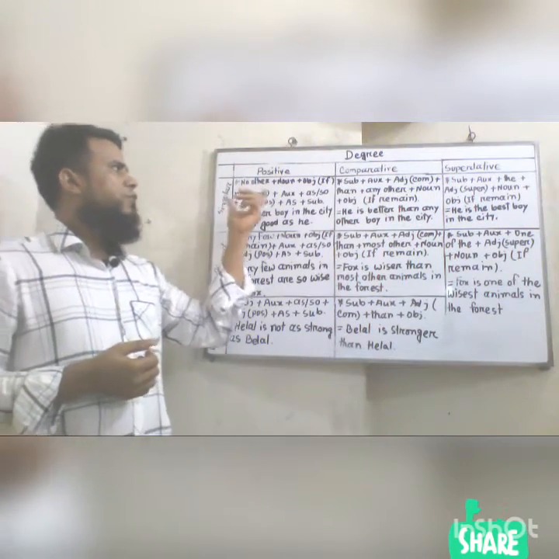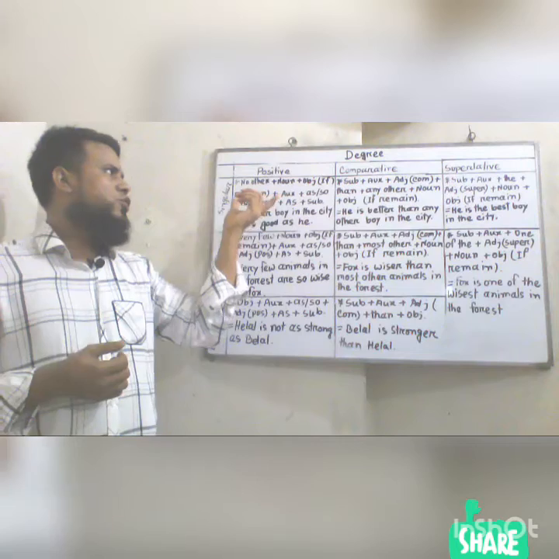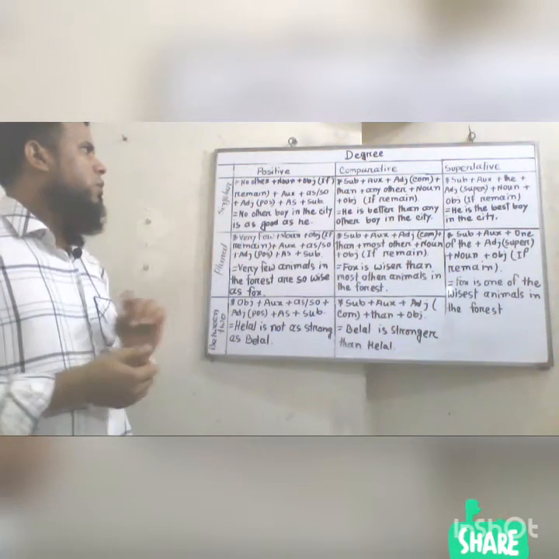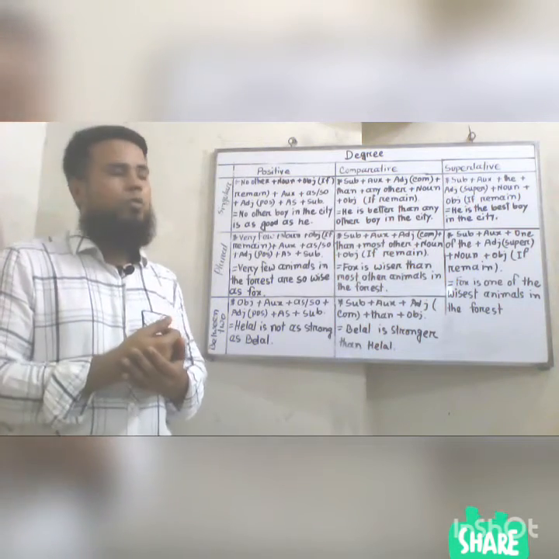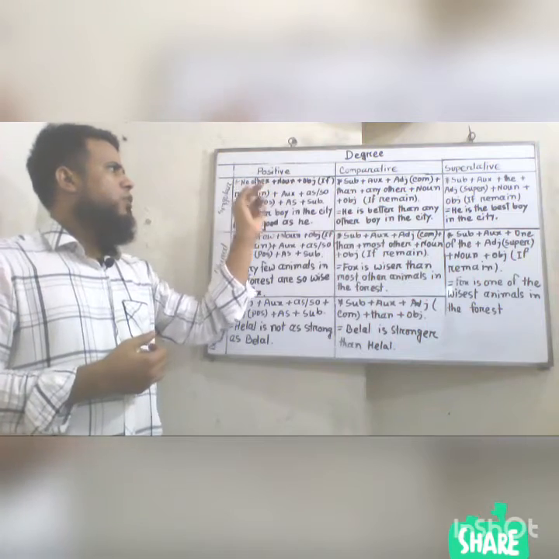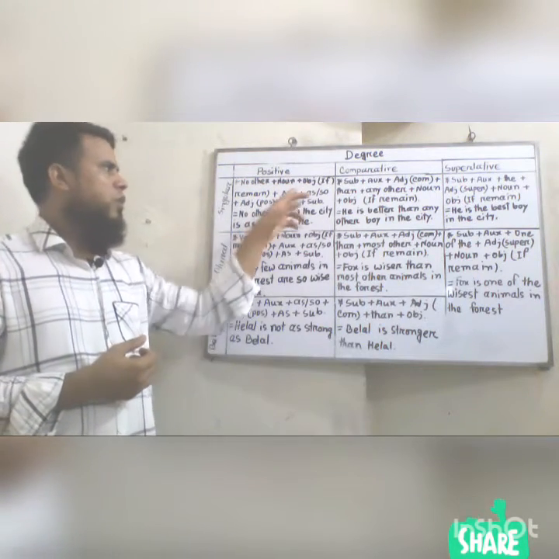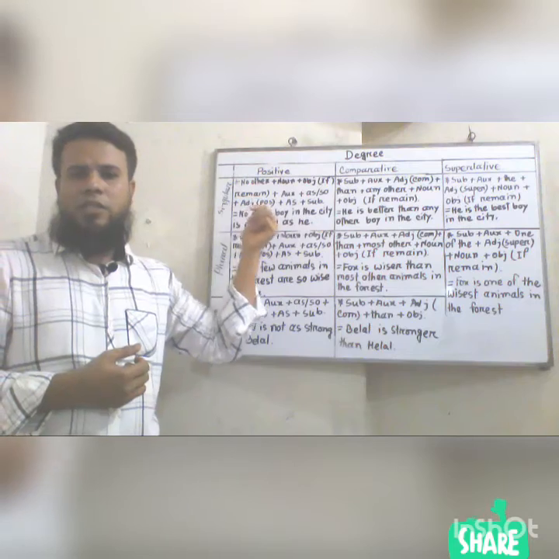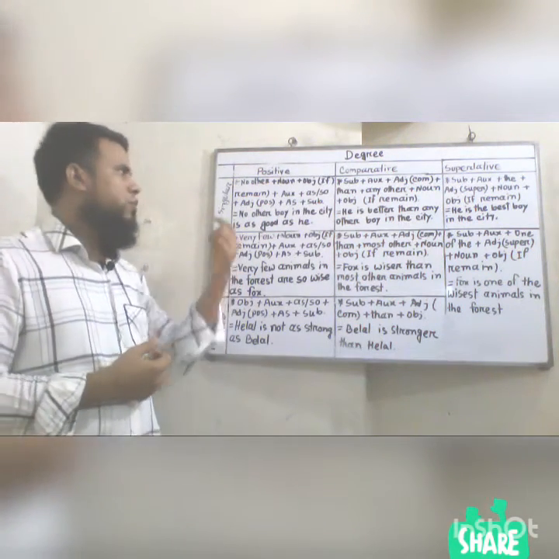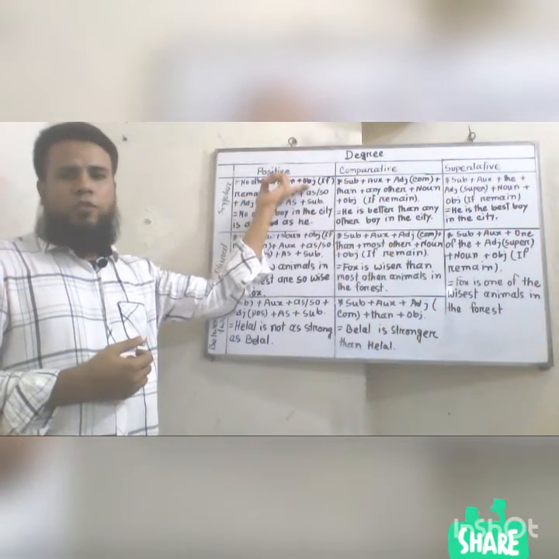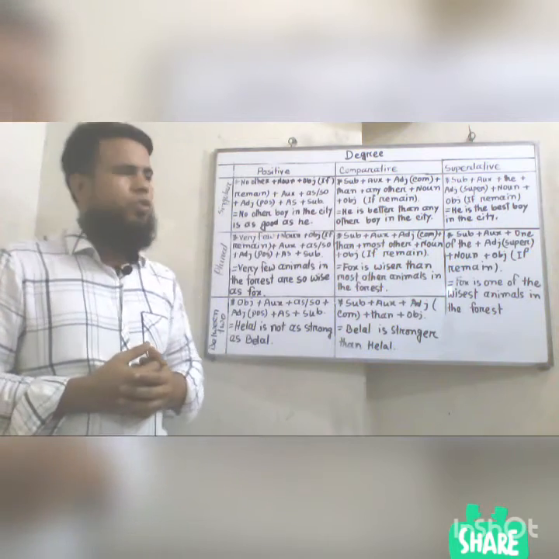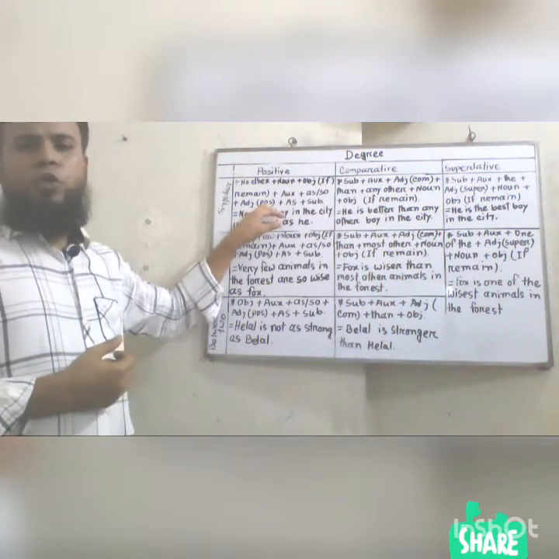Singular. If I want to solve a degree in a positive form, I have to write the rule first: no other, and then noun, and then object if it remains. Sometimes it may not remain, but if you have an object, then auxiliary, and then as or so, and then adjective positive form.